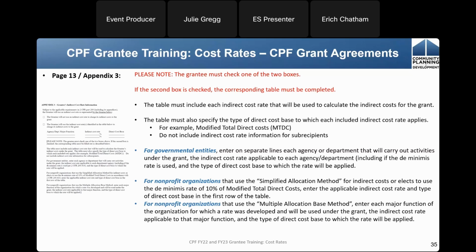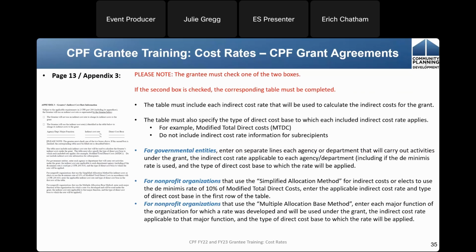For nonprofit organizations that use the simplified allocation method for indirect cost, or elect to use the de minimis rate of 10% of modified total direct cost, you'll enter the applicable indirect cost rate and the type of cost base in the first row of the table.